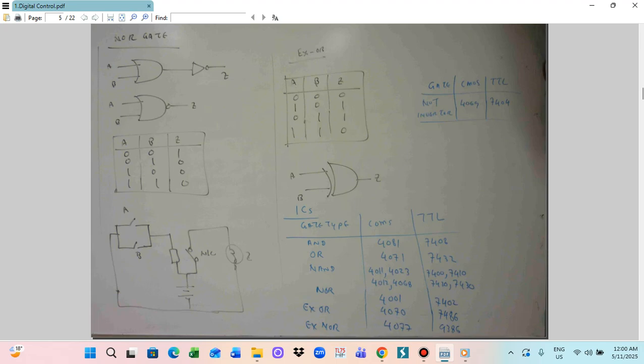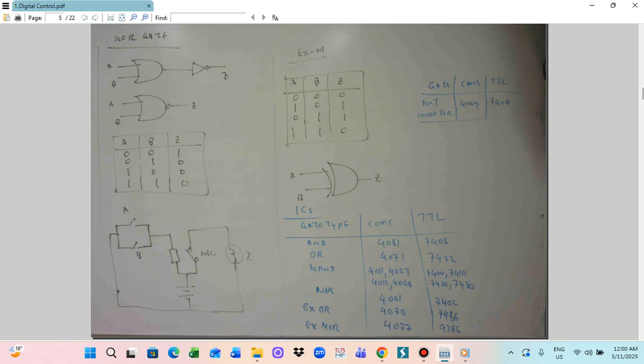And also the NAND. There are other functions here. NAND you can utilize with multiple inputs. Depending on the number of inputs, you can use the 4011, 4023, 4012, 4068.